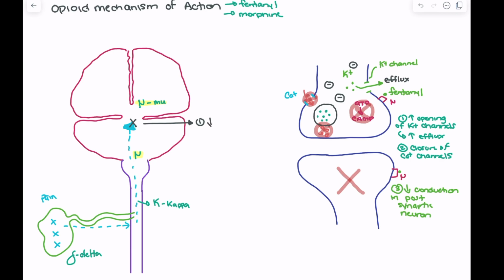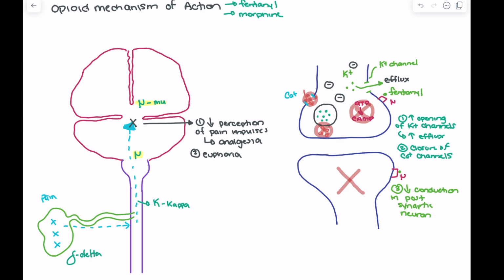So we see decreased perception of pain impulses, and that's how we get the analgesic effect that we're looking to have with this. Now, we see a couple of other things: a reduction in activation of some of the neurons that we see bound to by the opioid and the mu receptors in the central nervous system will lead to euphoria. So often we see an increase in patient comfort as a result of the binding to mu receptors.